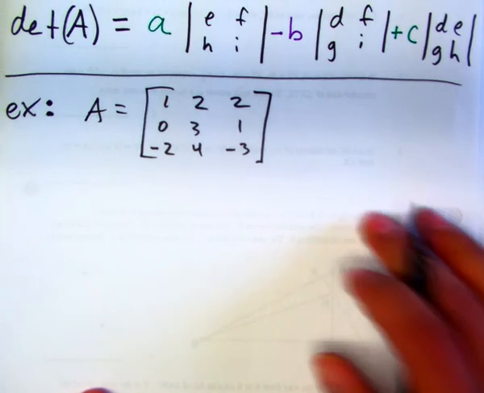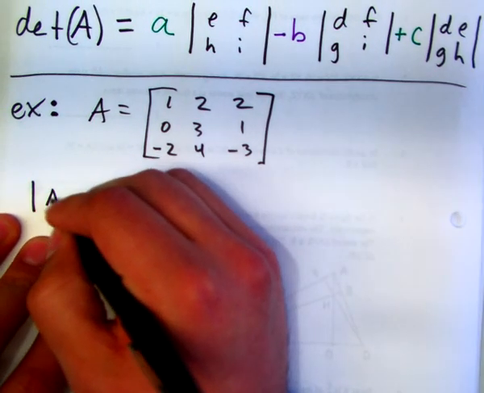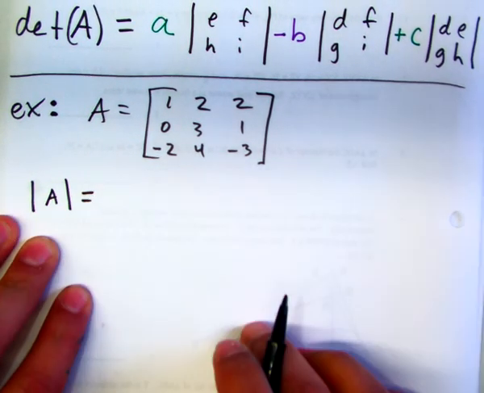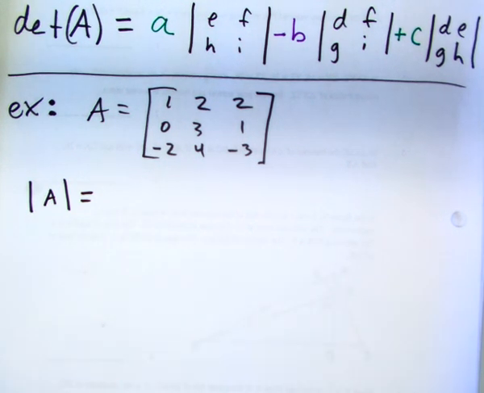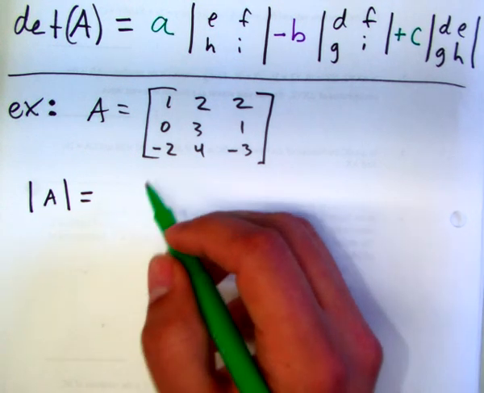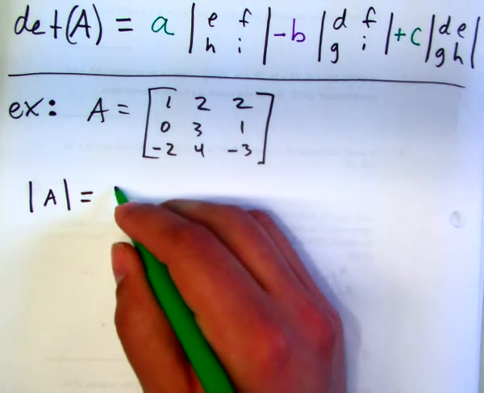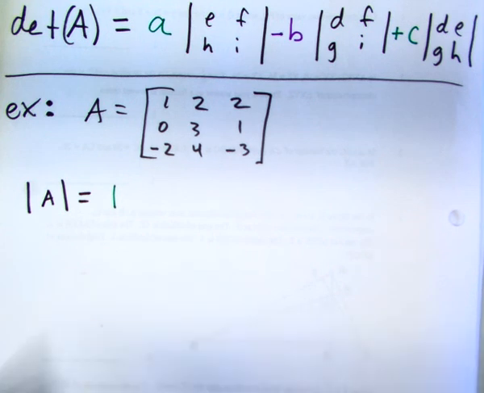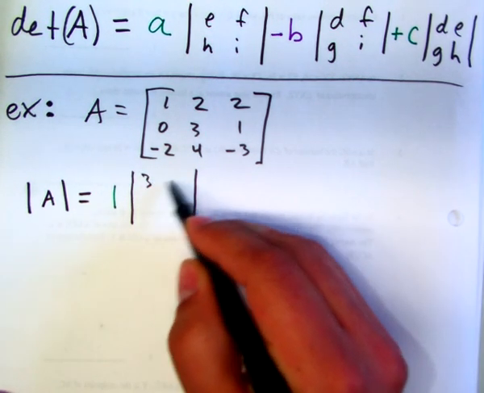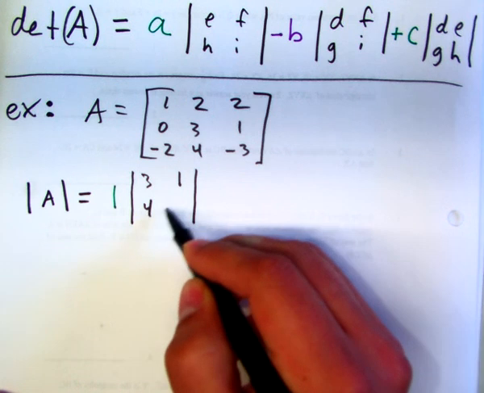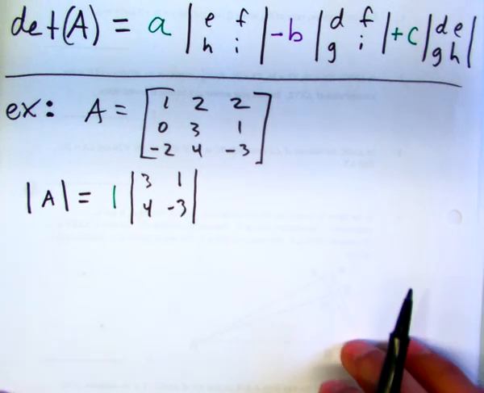And we want to calculate the determinant of A. I'll follow the same motto here. First I take what number? 1. And now I'm going to create a 2 by 2 determinant out of 3, 1, and 4, negative 3. Does everybody see that?